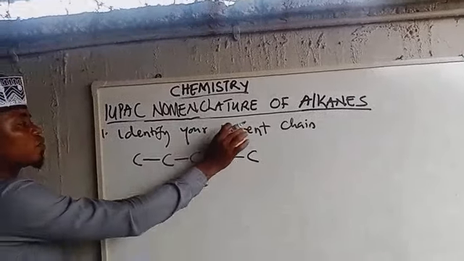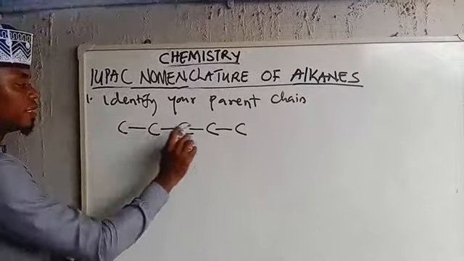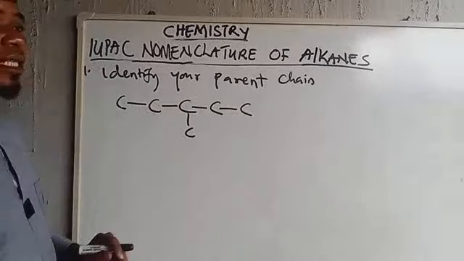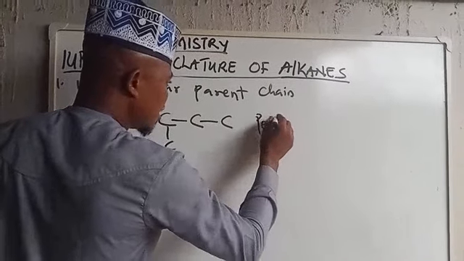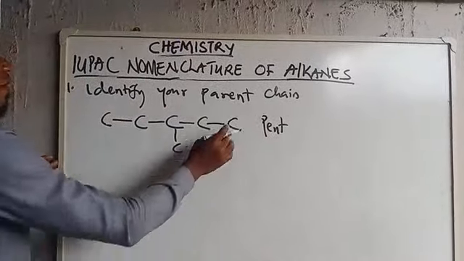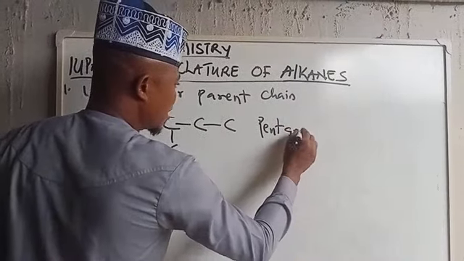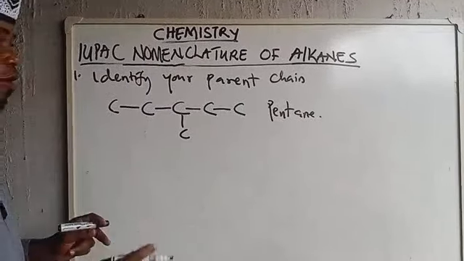So the rule is for you to take the longest chain as your parent chain. So in this chain we have 1, 2, 3, 4, 5. So the 5 carbon chain is the longest chain, and our parent chain with 5 carbons is what? A pent. Since it's filled with single bonds, it's going to be a pentane. So that's how to identify your longest chain.